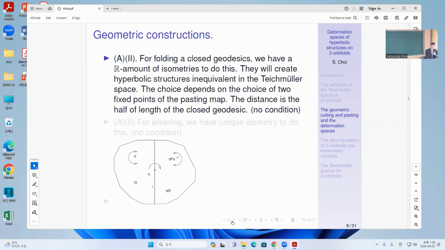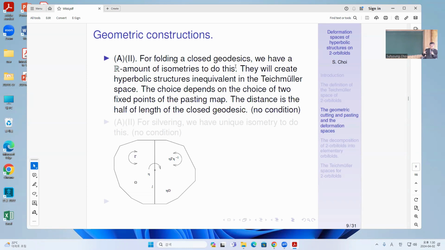And then for folding, we again have an R amount of isometries, because if you have a cross curve, then the involution fixing two points, there actually are R of them. So that's not just one. There are many isometries, and then you have to show that these are all equivalent in the Teichmüller space.